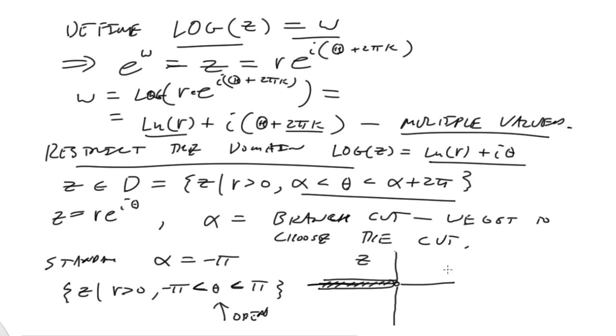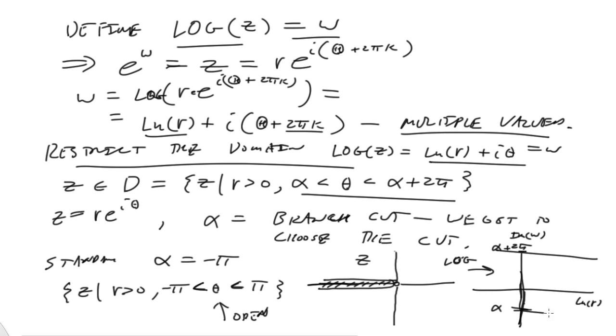Of course, the log function makes the mapping to a real value, an x value that's the natural log of r, and the theta value is going to be between alpha and alpha plus 2 pi. So the imaginary part of w, this represents w right there, is going to be between alpha and alpha plus 2 pi.